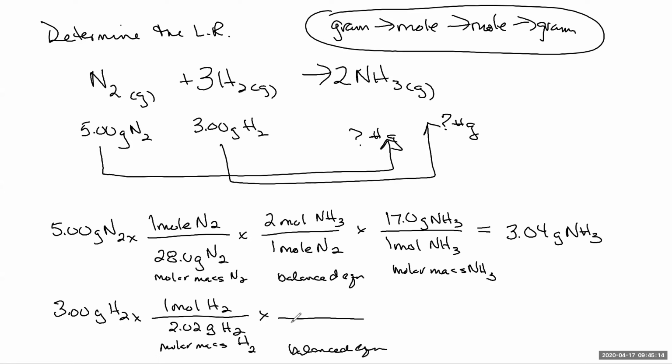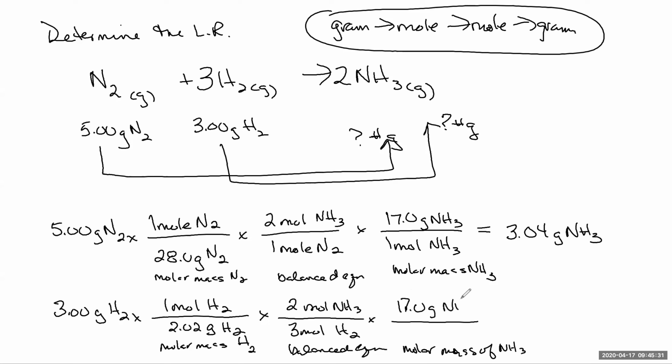And I know that it takes 3 moles of hydrogen to produce 2 moles of NH3. And my last step, I'm again going to need the molar mass of NH3. And I know that 17 grams of NH3 is 1 mole of NH3. And if I calculate this all the way out, I get 16.8 grams of NH3.